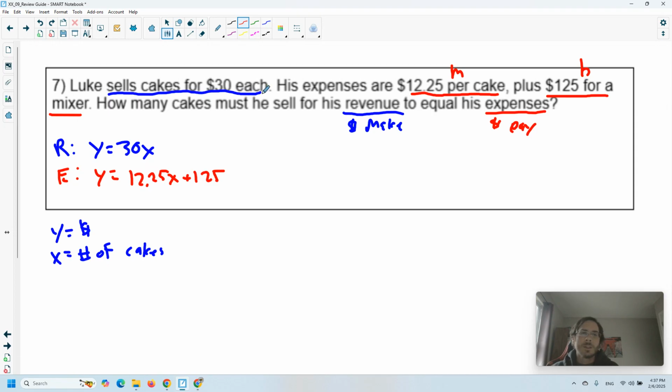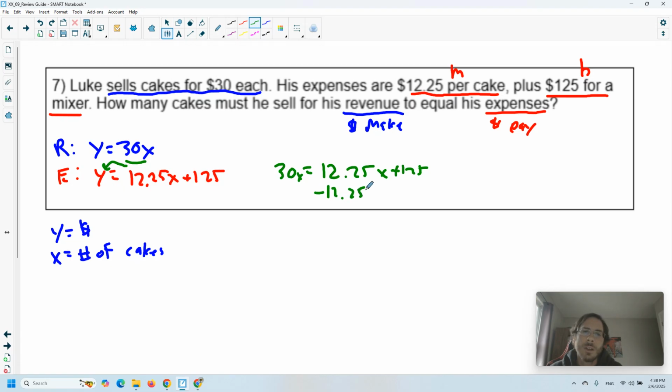Now again, we have our options. If we want, we can solve this by hand. We got y by itself, so that's pretty nice. We can just go ahead and do another substitution. We could take this 30x and plug it in, so we'll get 30x equals 12.25x plus 1.25.